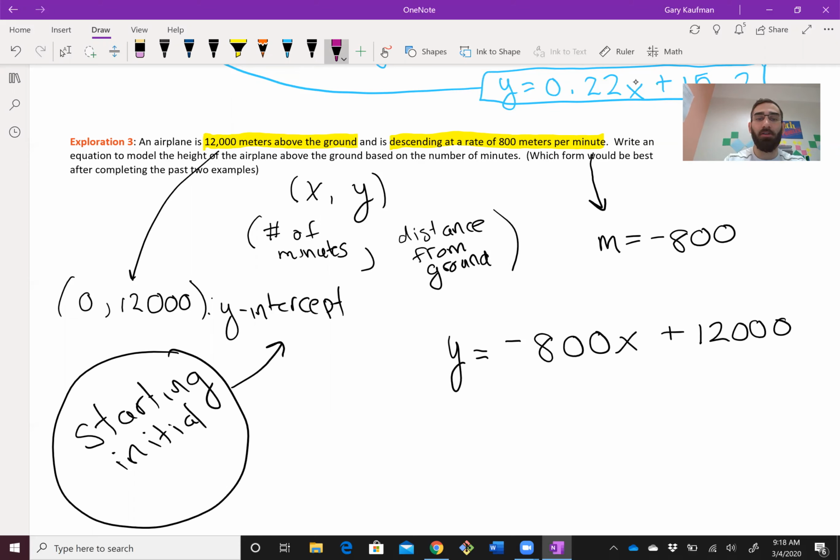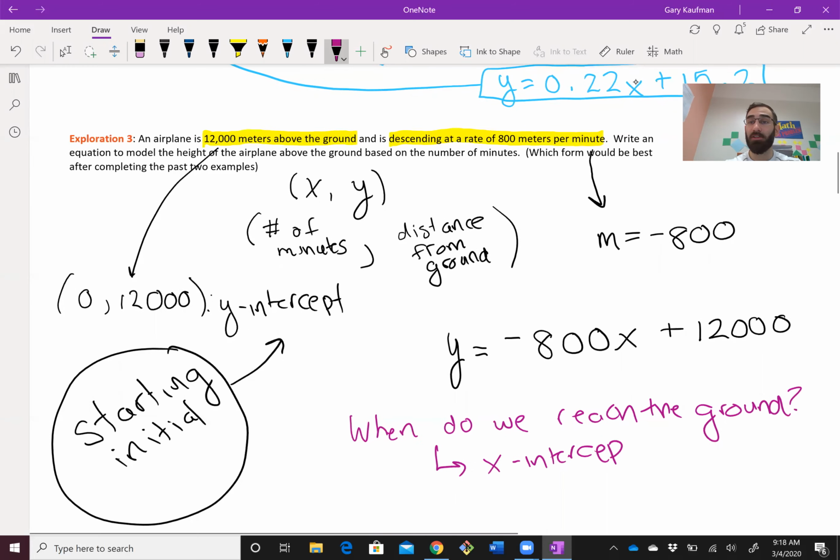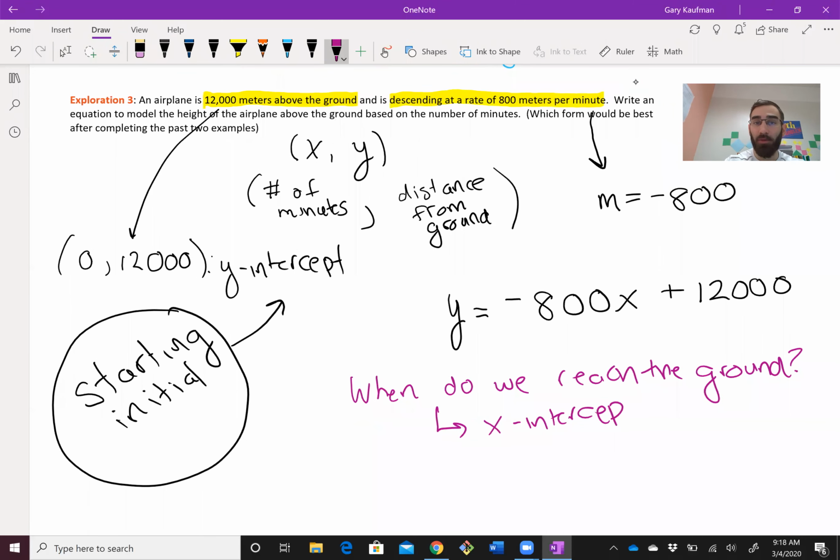I can now ask a question. When do we reach the ground? All this question is asking for is the x-intercept. Because when do we reach the ground? We reach the ground when y, which is the distance from the ground, is 0. 0 equals negative 800x plus 12,000.